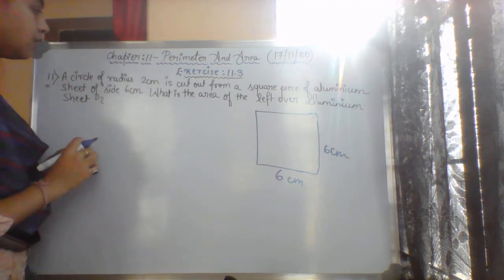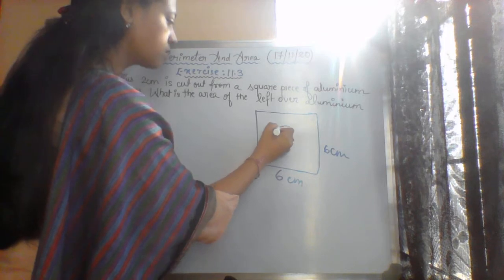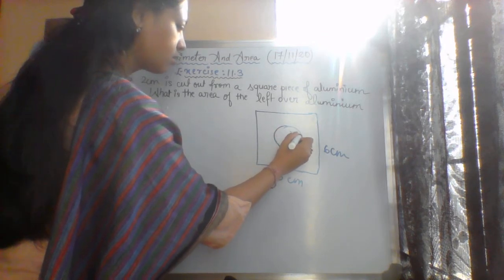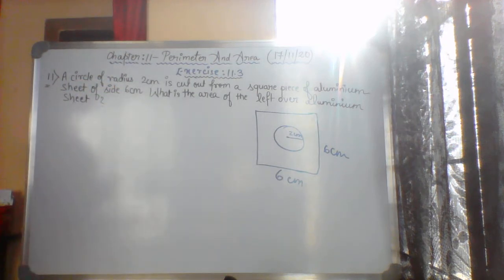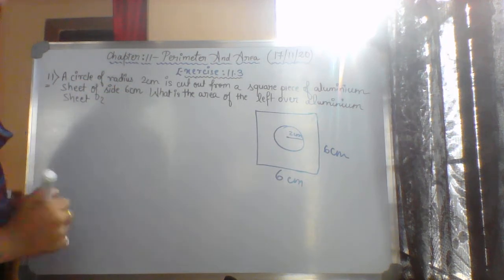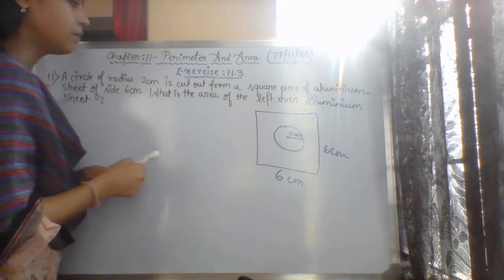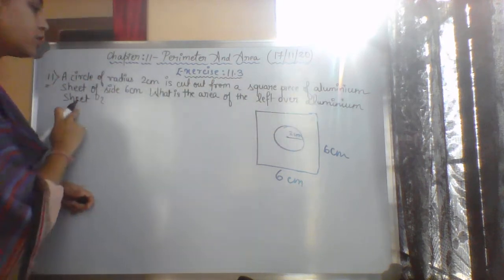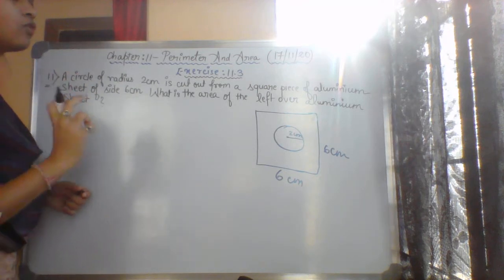Next, a circle of radius 2 cm is being removed from that square sheet of aluminium. What is the area of the leftover aluminium sheet?